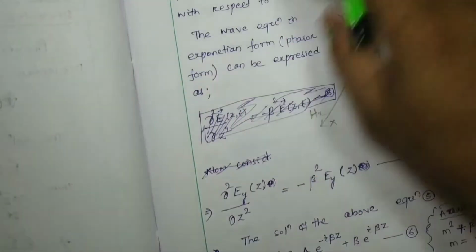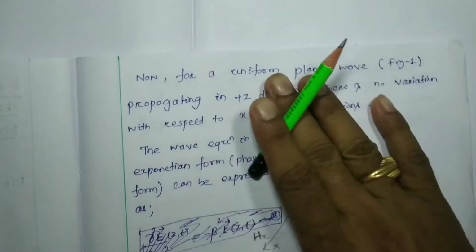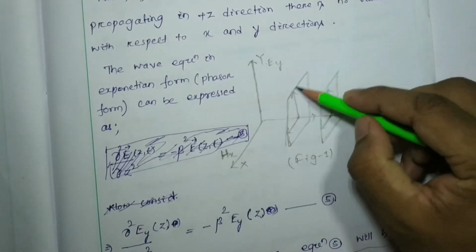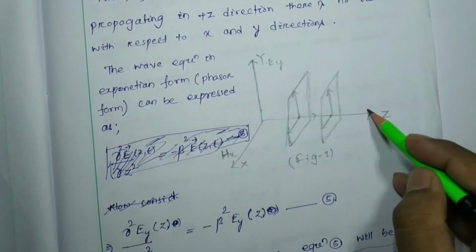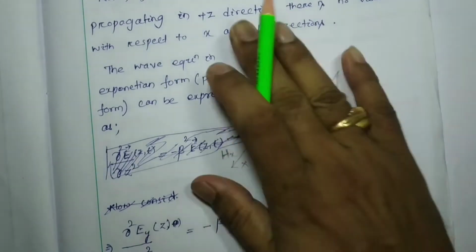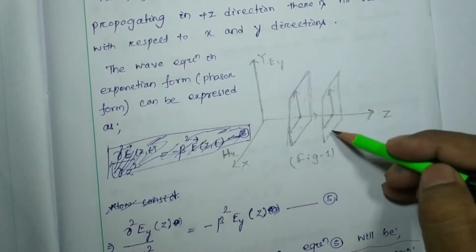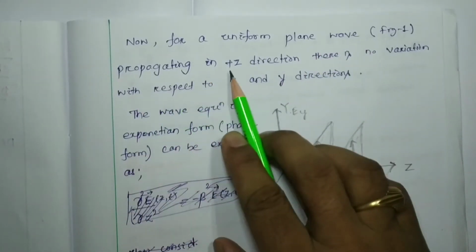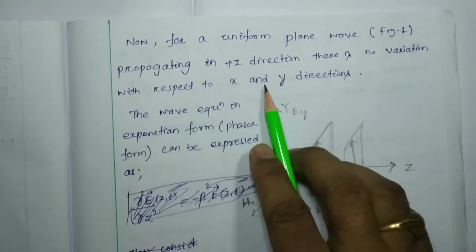Now for a uniform plane wave, plane wave means only the wavefront, a plane wavefront, is moving along the z axis. Suppose we consider this situation: a plane wavefront propagating along the positive z direction, and there is no variation with respect to the x and y directions.